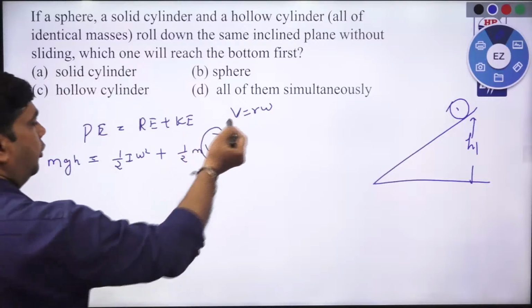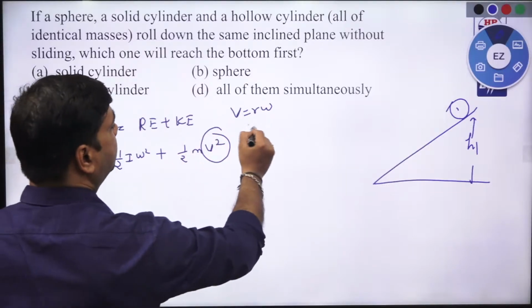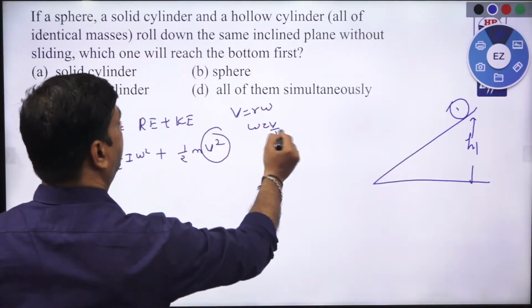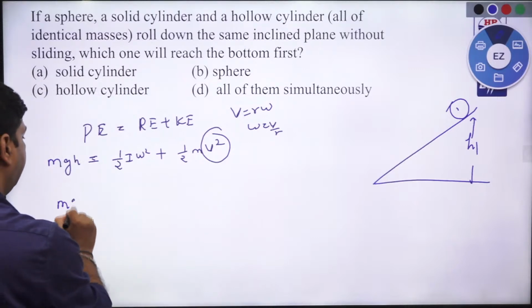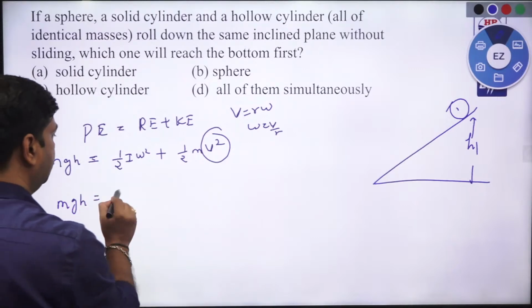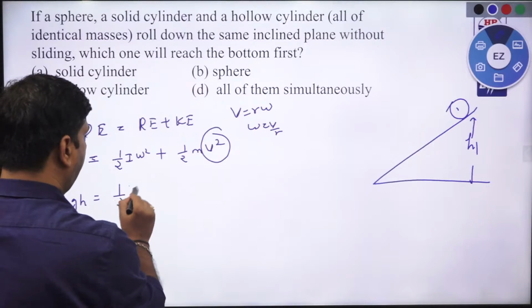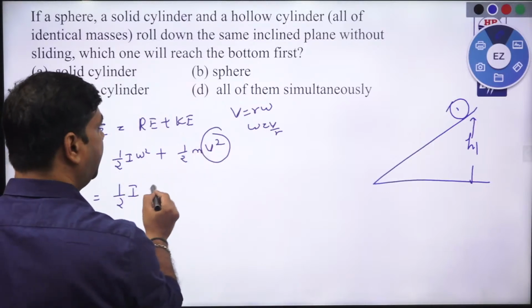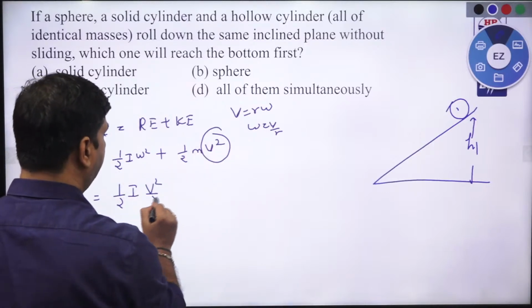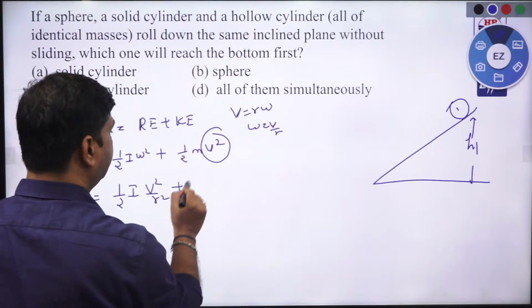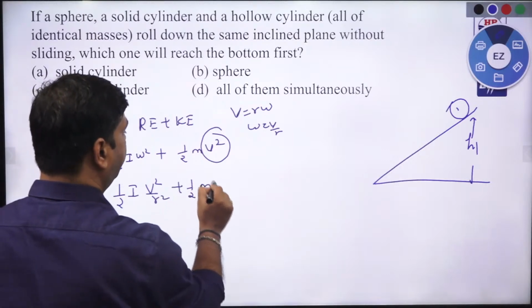So omega equals v by r. So from here we can write mgh equals half of I times v square by r square plus half of mv square.